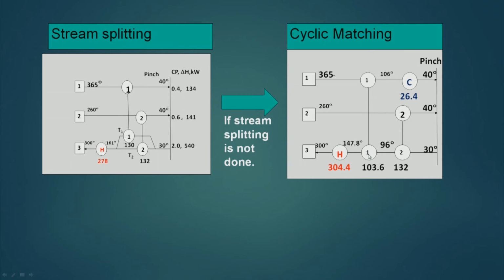Now, if I do the matching like this, then we find that the hot utility requirement has increased from 278 to 304.4 and there is a demand of cold utility requirement 26.4, whereas here there was no cold utility demand.